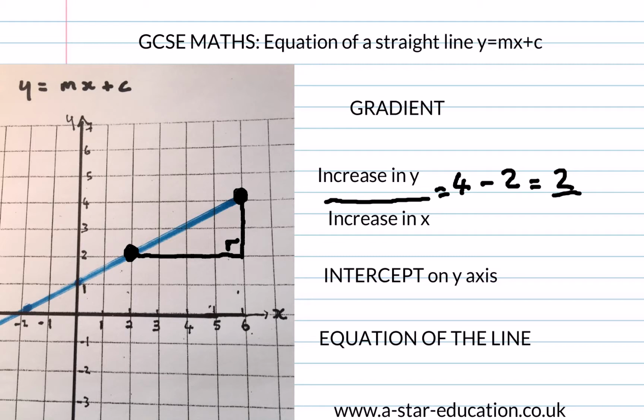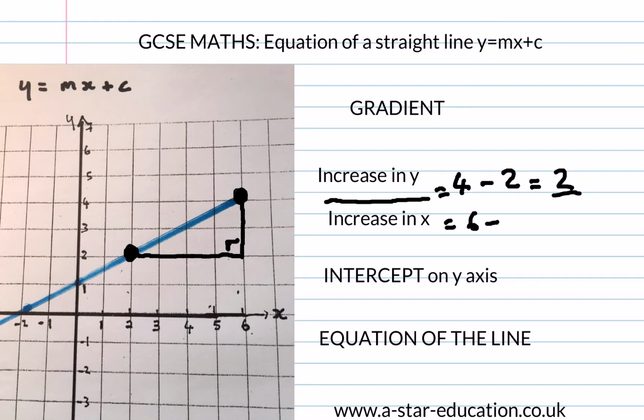Now that I've got the increase in y, what I need to do next is find out what the increase in x is. So let's have a look at that. This point here corresponds to 6, so this is going to be 6.